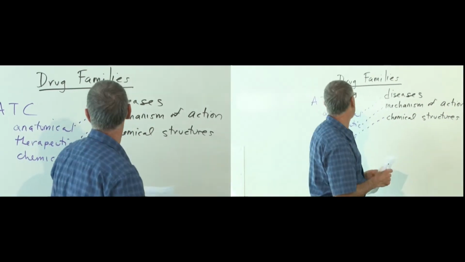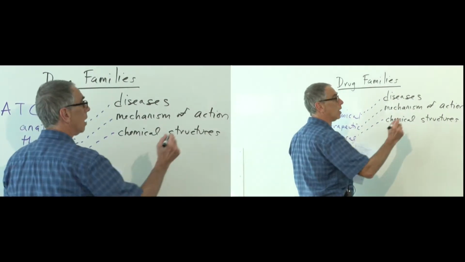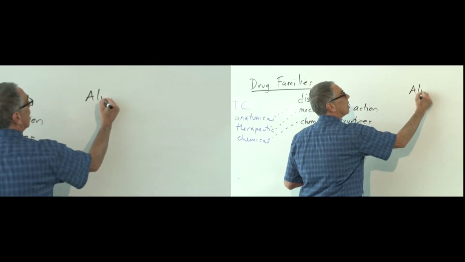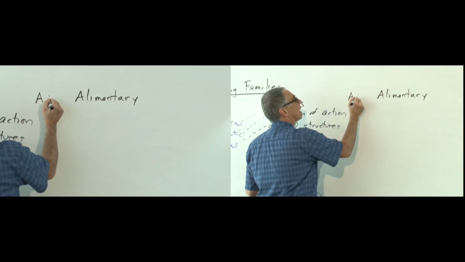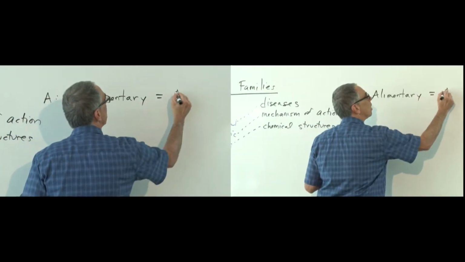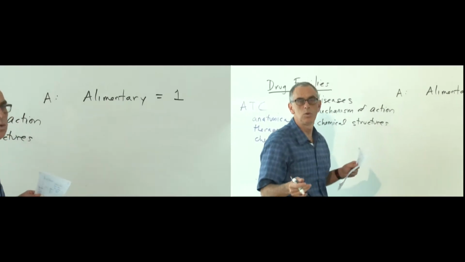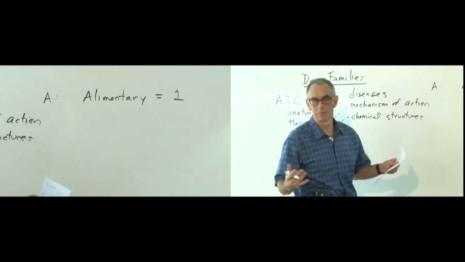So an example anatomical code might be alimentary. This is the GI system. So that's going to be an A-type code, alimentary. And in fact, in the system, that gets the number 1. And then 2 would be, for example, neurological or skin, dermatological.